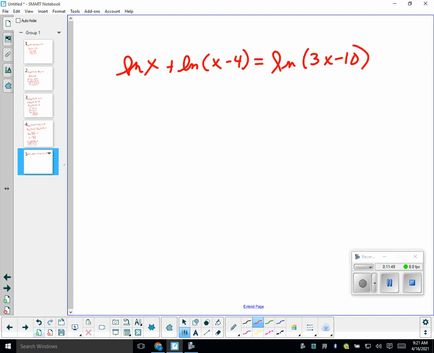So can I do something with that left side where I only have the word ln once? Multiply them together. So I have ln of x squared minus 4x equals ln of 3x minus 10. Right?